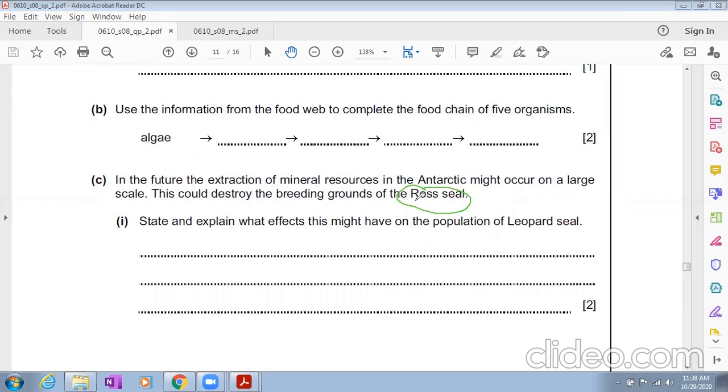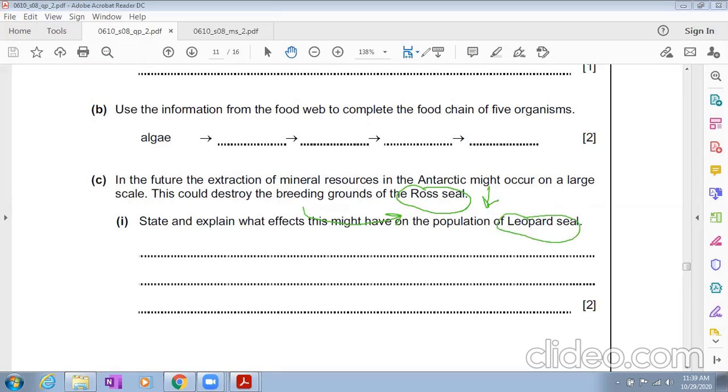Because of this extraction of minerals, the breeding places of the Ross seal are destroyed, and because of that, the Ross seal will decrease. And when it is decreasing, what is the effect on the population of leopard seal?